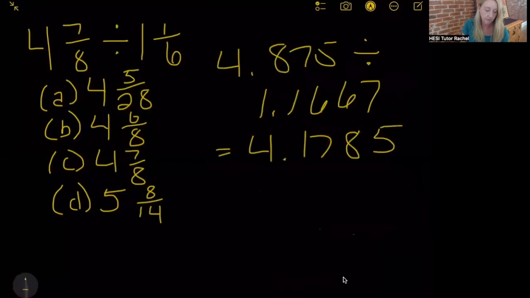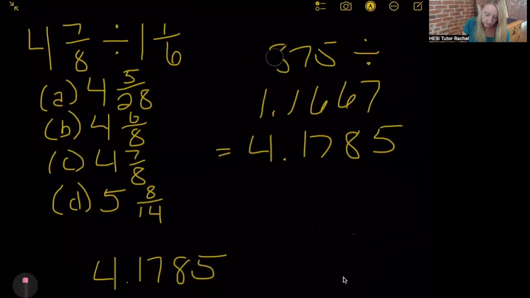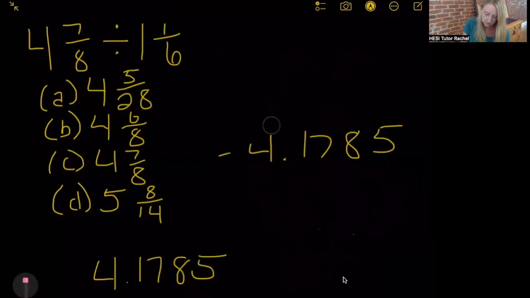I'm going to round that 4 up to a 5 because the next number after it is a 5. So I'm going to move this answer out here, 4.1785, so I've got a little more space to work out all of my answer choices in decimals.